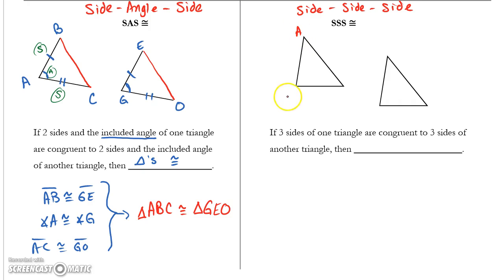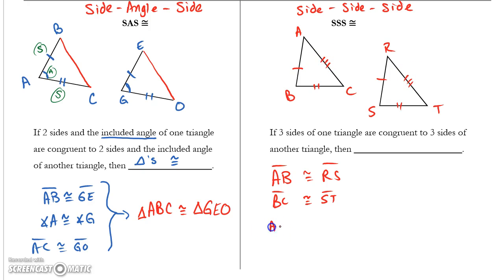So if, again, I have triangle ABC and I have this time, let's call it triangle RST. If I know that segment AB is congruent to segment RS, I know that segment BC is congruent to segment ST, and I know that segment AC is congruent to segment RT.